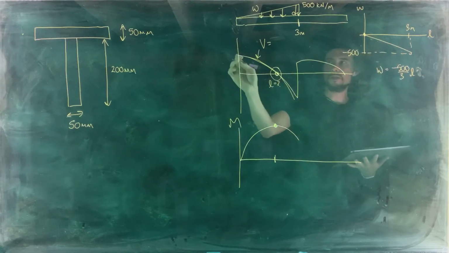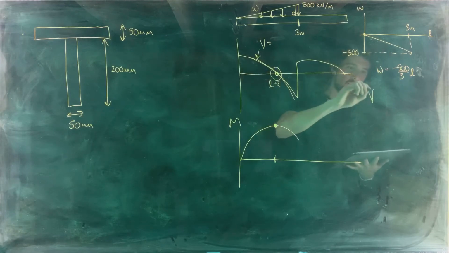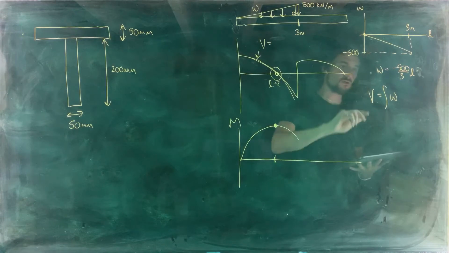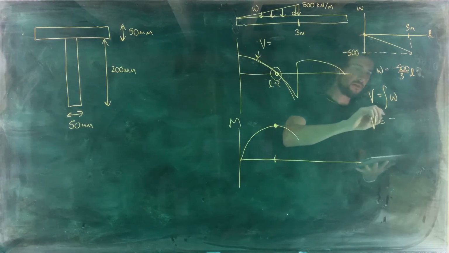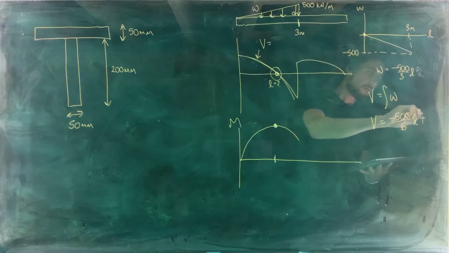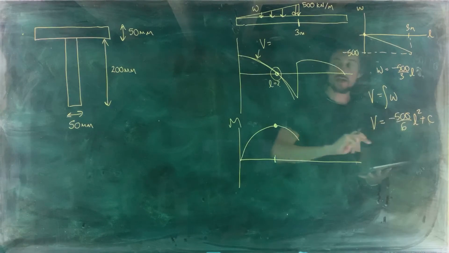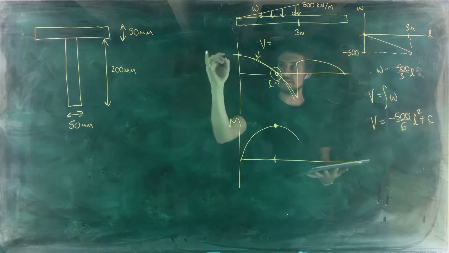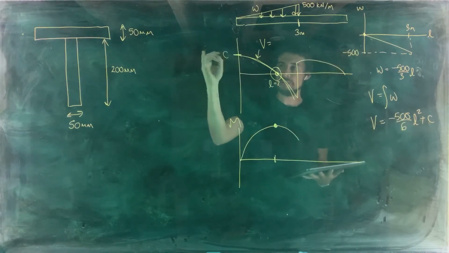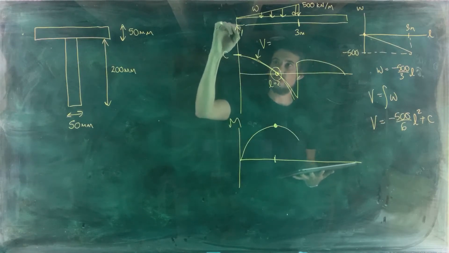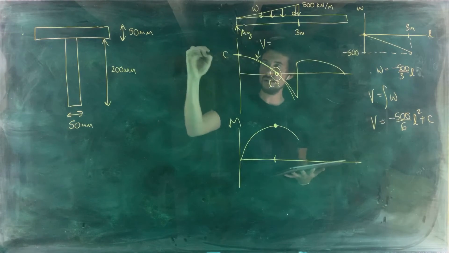So the equation for V is just the integral of the equation for the distributed load. So we have V is minus 500 over 6 times L squared plus C, where C is our constant of integration here, which is this value. And that value is going to be equal to whatever the support reaction here is.